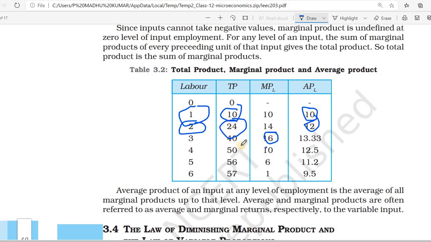Here 50 divided by 4, total product divided by labors, is 12.5. 57 divided by 6, that time average product is 9.5. This is the average product and marginal product.